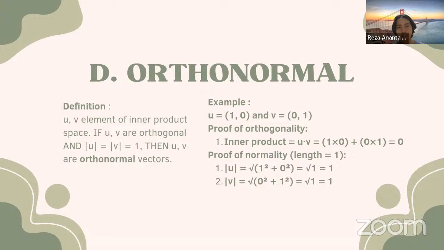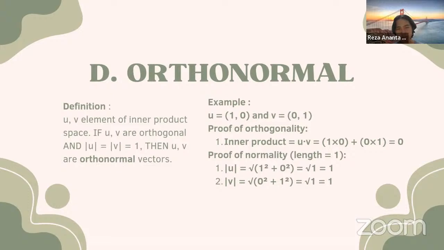For example, let's say we have u is the vector (1, 0) and v is the vector (0, 1). If we want to prove the orthonormality of the two vectors, we should prove the orthogonality first. Let's say the inner product rule is the dot product.